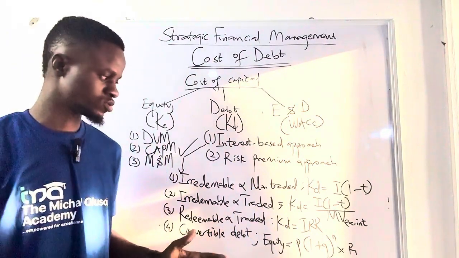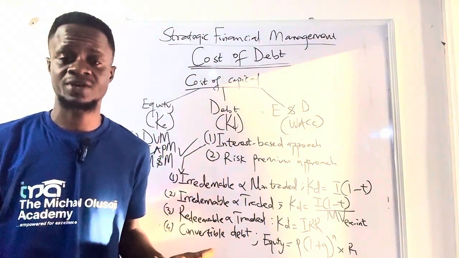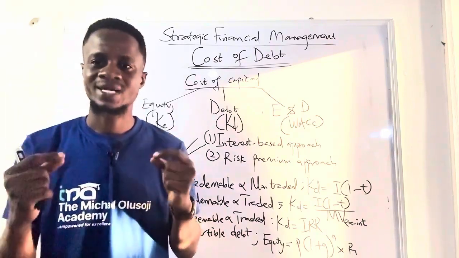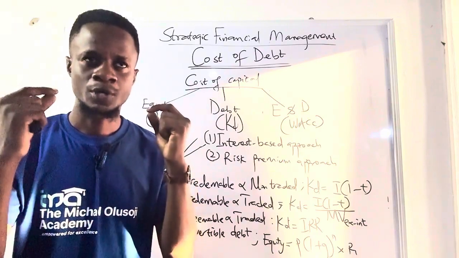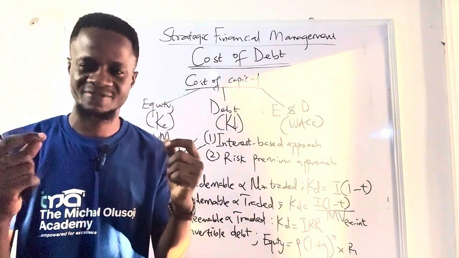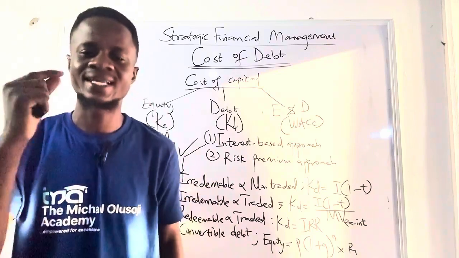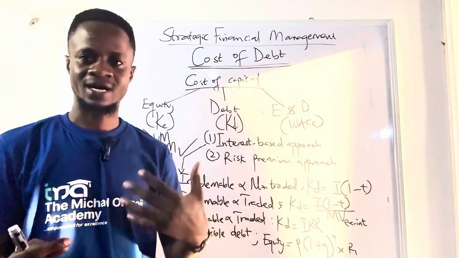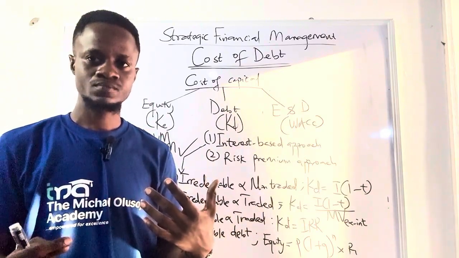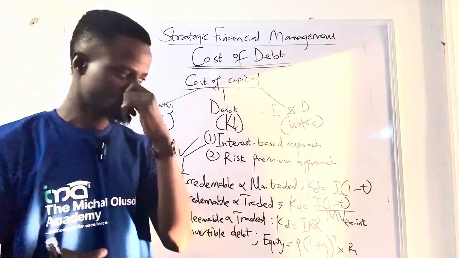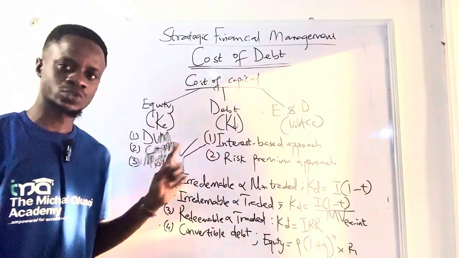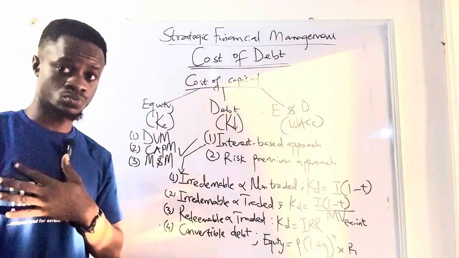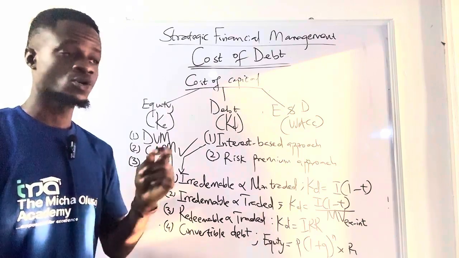And let me explain it to you, because it's not just about cramming. You can cram, that's completely fine, but anything can happen and you can just forget. This is where what I said becomes interesting and very clear to you. I told you that anytime you see a cost of equity question, just try to find out the inflows and the outflows. Using the dividend valuation method, I told you that you consider the amount of dividend being paid by the company to you in order to determine the cost of equity.